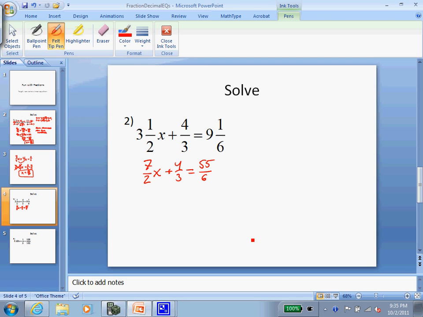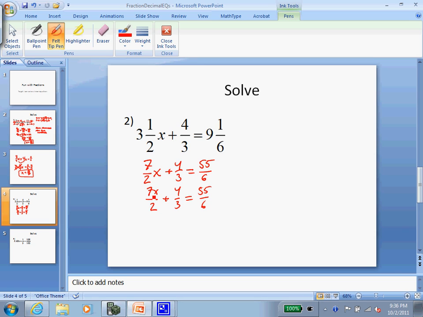Okay, I look at my denominators, and I'm going to notice that my least common multiple is 6. So let's do one more rewriting. 7x/2 plus 4/3 equals 55/6. And now I'm going to change all of my fractions into sixths.